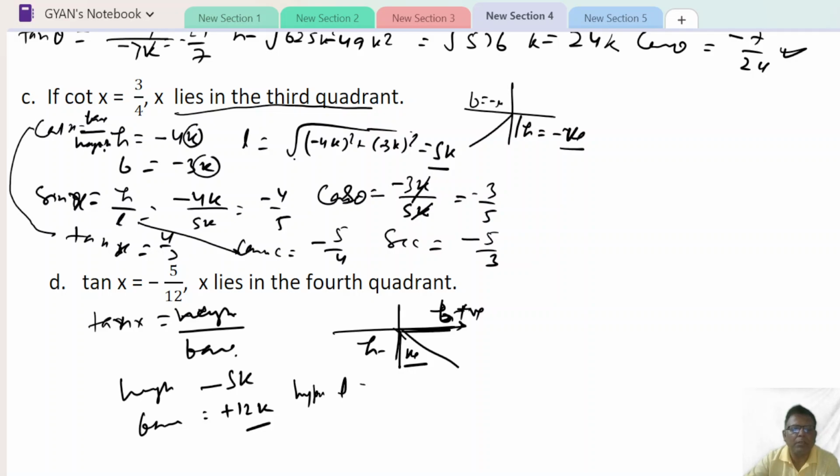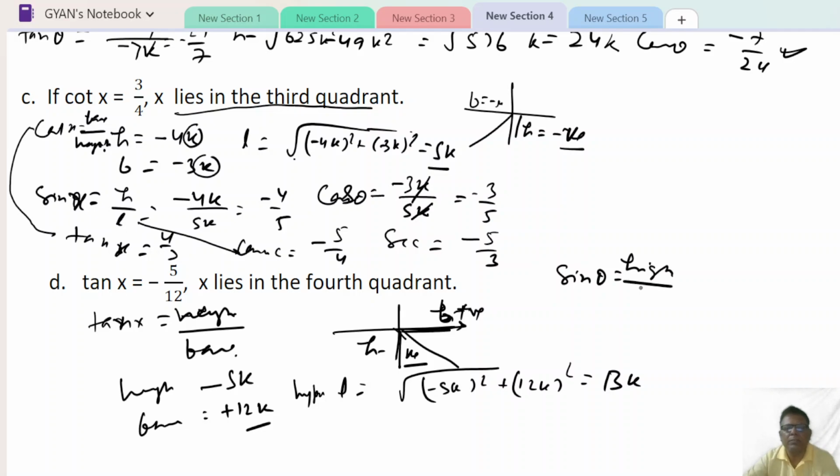So hypotenuse is equal to root over minus 5k the whole square plus 12k the whole square, which is equal to 13k. Now find first sin theta. Sin theta is equal to height divided by hypotenuse.